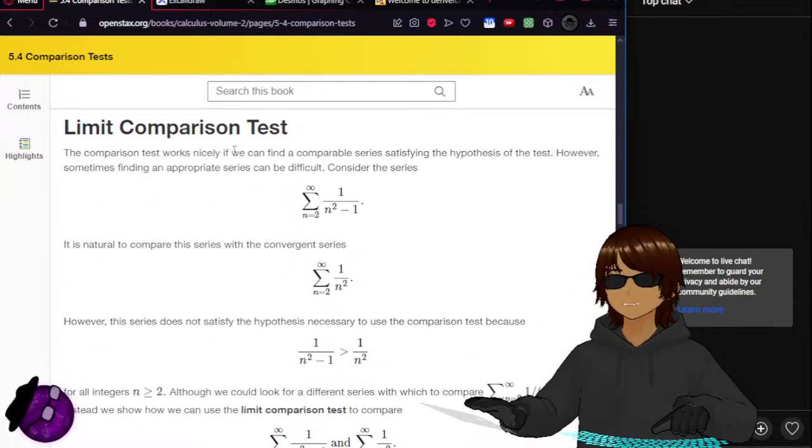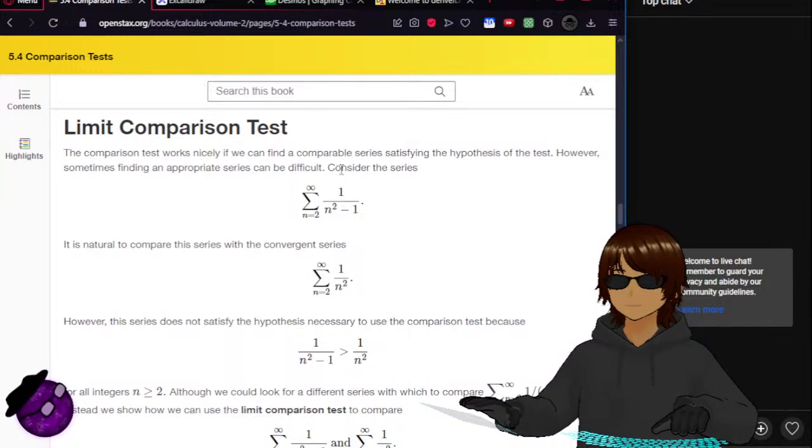Limit comparison test. The comparison test works nicely if we find a comparable series satisfying the hypothesis of the test. However, sometimes finding an appropriate series can be difficult. Consider the series sum to infinity 1 over n squared minus 1.